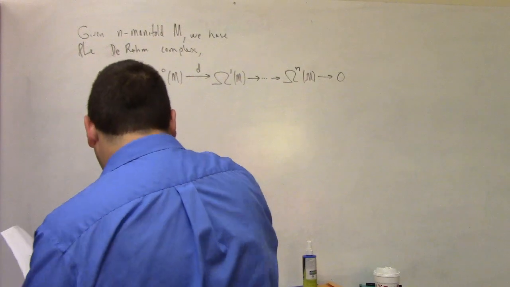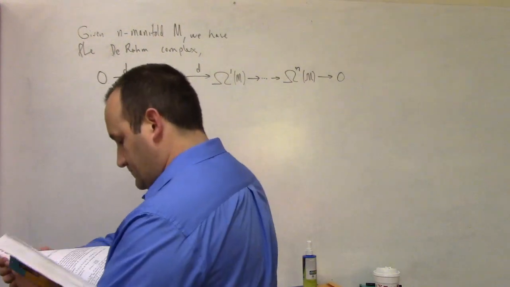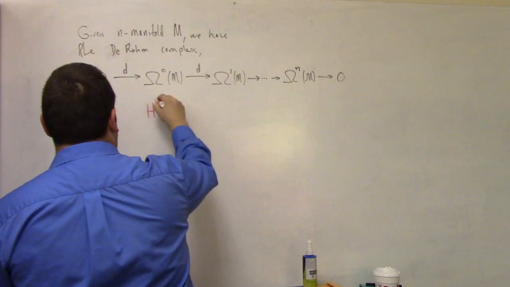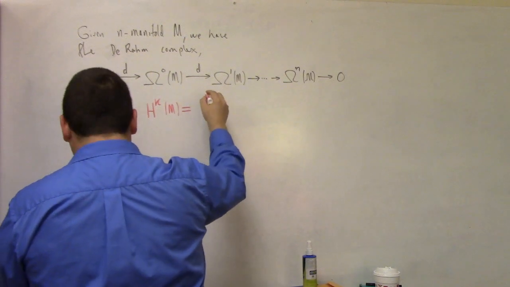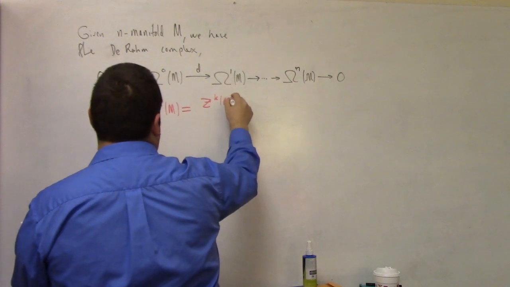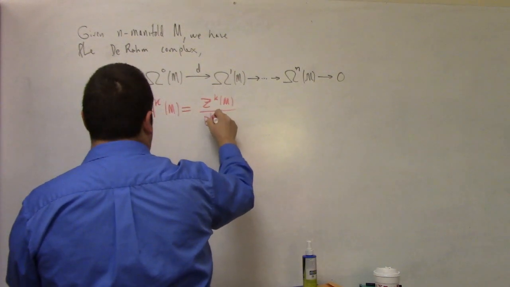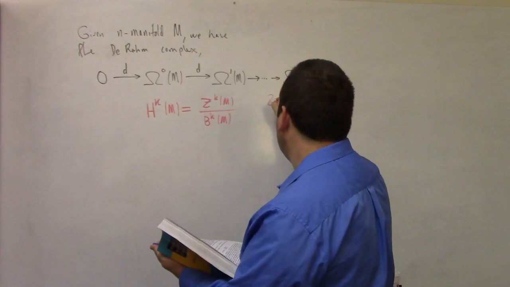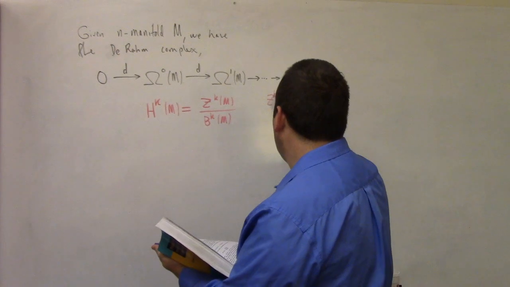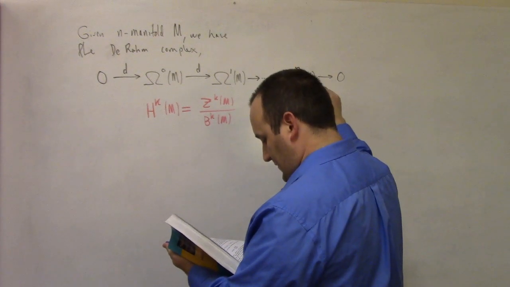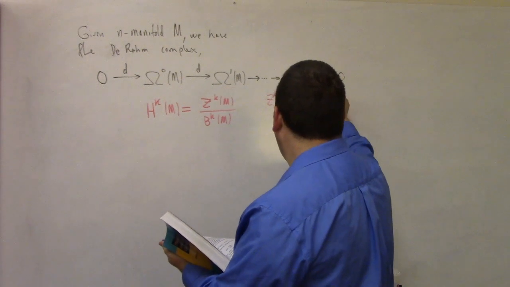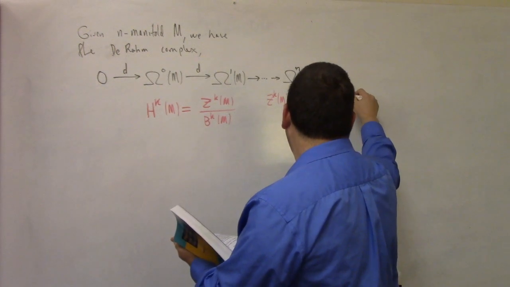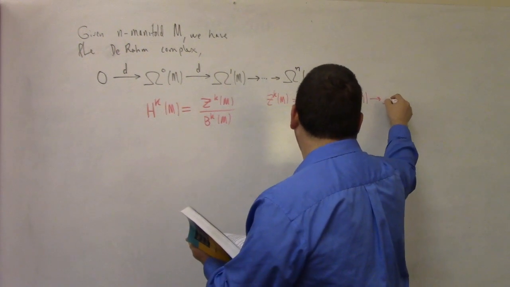The de Rham cohomology groups, H^k(M), are a quotient Z^k(M) mod B^k(M), where the cycles, Z^k(M), are the kernel of the exterior derivative mapping from Omega^k(M) to Omega^(k+1)(M).